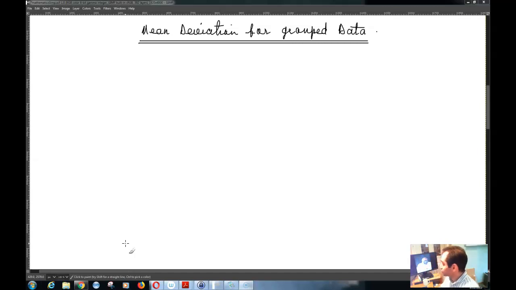So the two ways that you can group a set of observations or data.